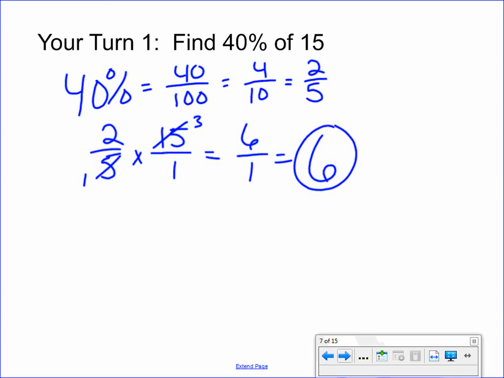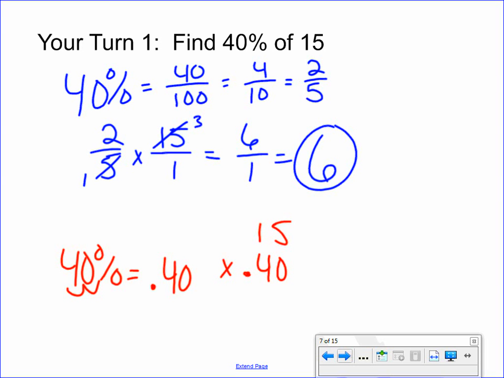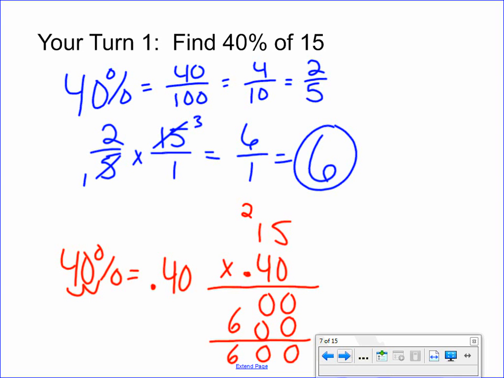Let's try the decimal way. 40%. Move my decimal 2 spots to the left, and I get 0.40. So I'll take my 0.40, and I'll multiply that times 15. 0 times 5 is 0. Put my 0 to hold my place. 4 times 5 is 20. 4 times 1 is 4, plus 2 is 6. Add them up. 2 decimal places up here, 2 down here.